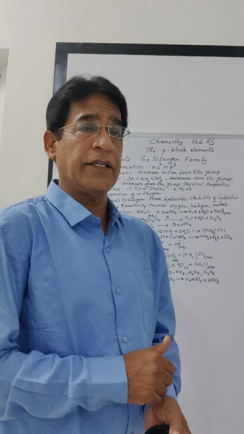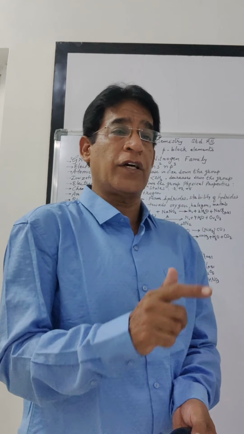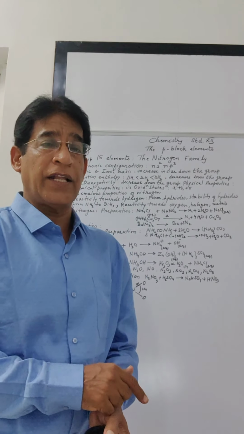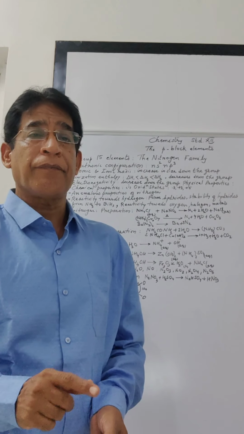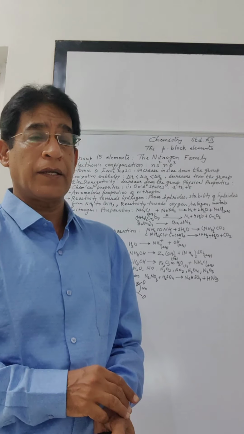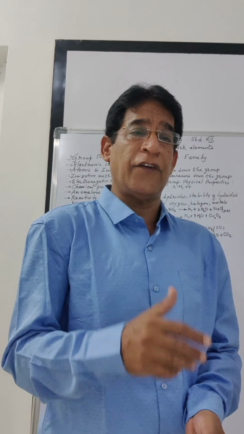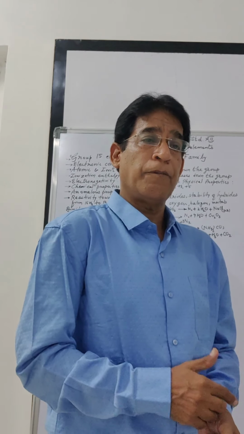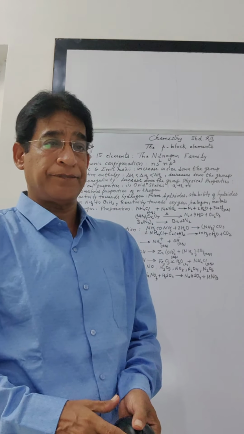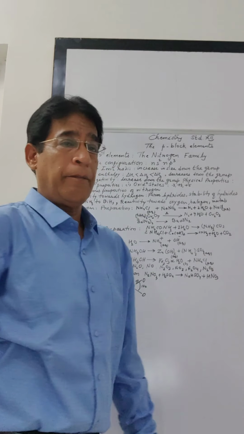All the trihalides of these elements except those of nitrogen are stable. In case of nitrogen, only NF3 is known to be stable. Trihalides except BiF3 are predominantly covalent in nature.